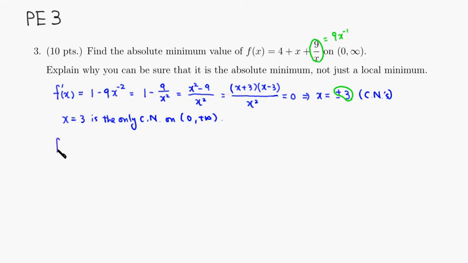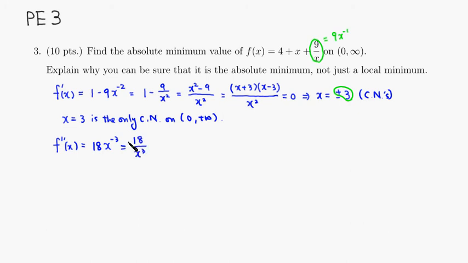we're going to do a second derivative test. So let's take the derivative one more time. The derivative of the first derivative: the derivative of 1 is 0, and the derivative of this guy is 18, because negative 2 times negative 9 gives 18 x to the negative 3 power, which can be written as 18 over x cubed.